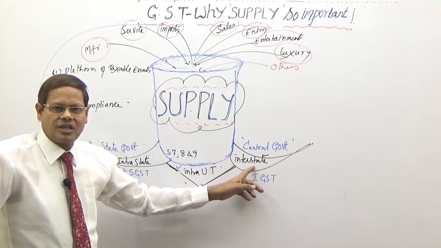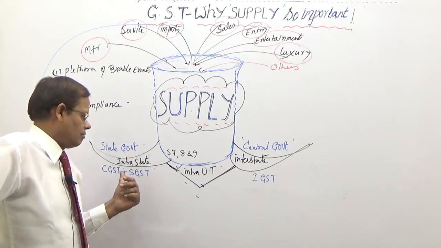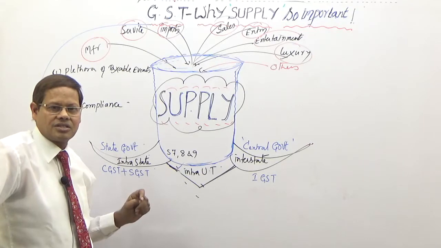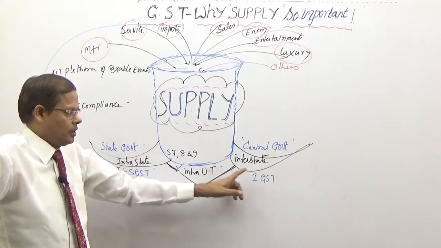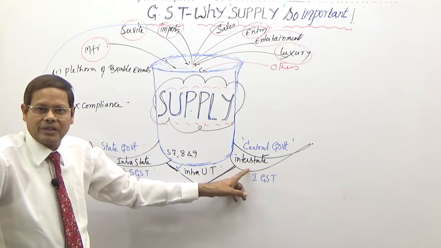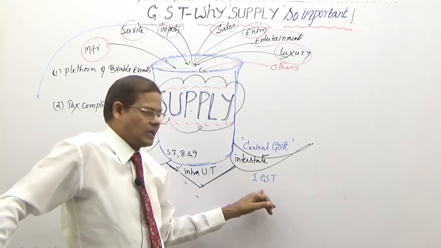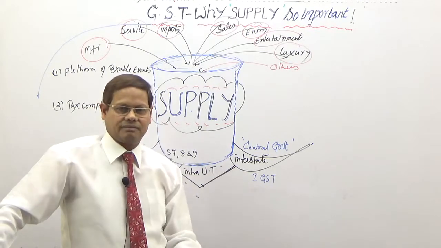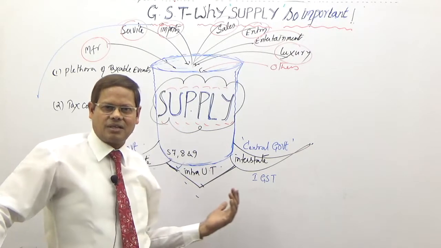So it was an interstate transaction supply, but you by mistake took it as intrastate, and paid this. So now you have to pay this also. You have to pay IGST, you did not pay. Now immediately you have to pay with interest, because there is a delay. So there is a case of double taxation.